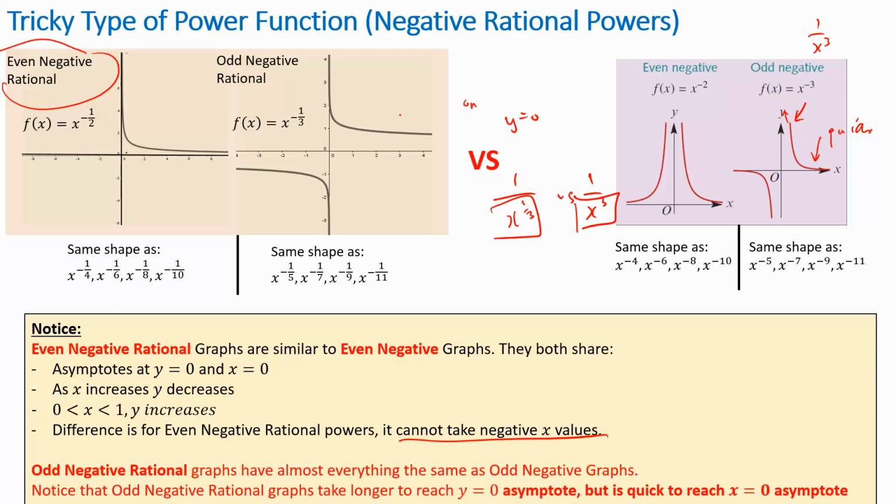Between x equals 0 and 1, which is here, y values are starting to increase. Okay, I get what you mean. I think what I'm saying is as x approaches 0, as it gets smaller, so between 0 and 1, as x is approaching 0 and it gets smaller and smaller, then y values are getting larger and larger. That's what I meant. Sorry, thank you.